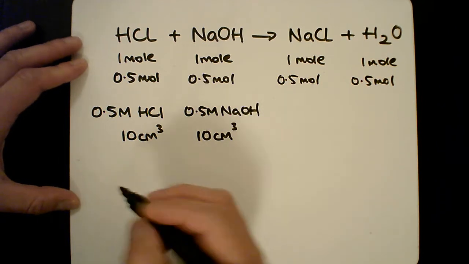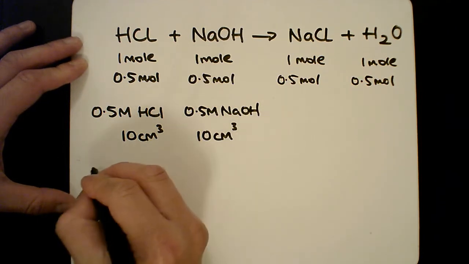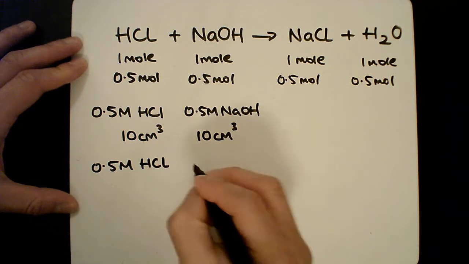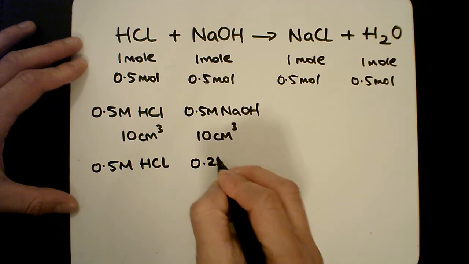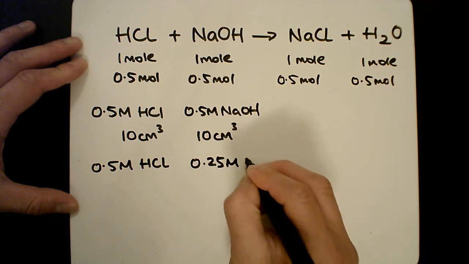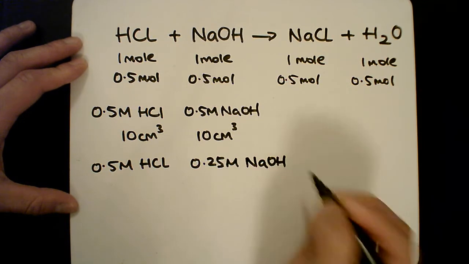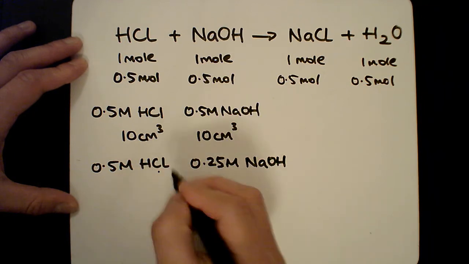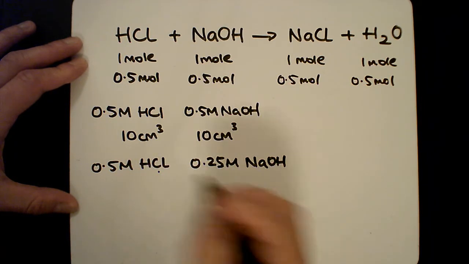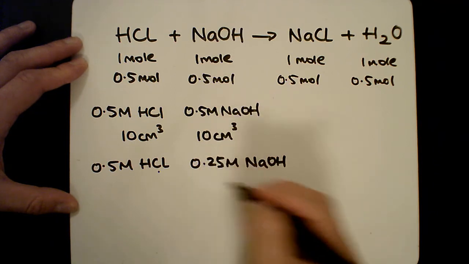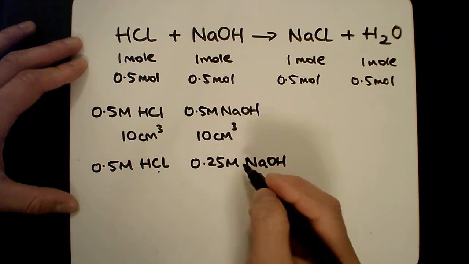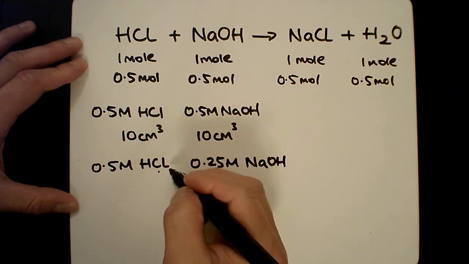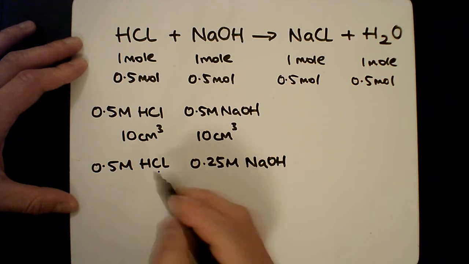Now, if for example we had 0.5 molar concentration of HCl, but then we had a 0.25 molar concentration of sodium hydroxide, because the concentration of the alkali is half that of the acid, we would now need double the volume of sodium hydroxide to neutralize a known volume of hydrochloric acid, because this has double the concentration.